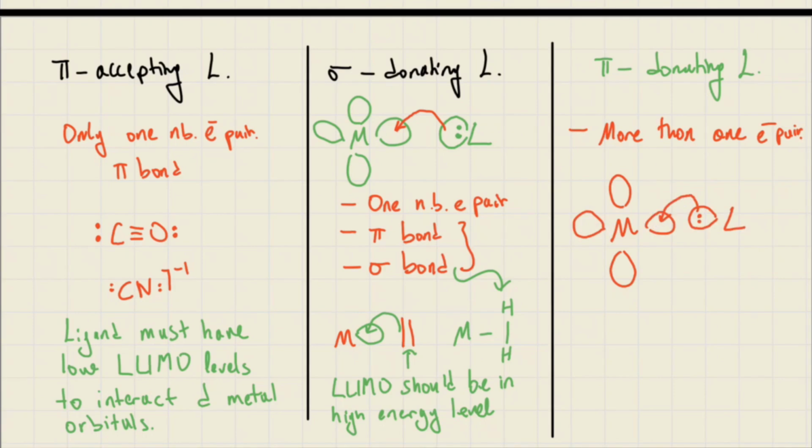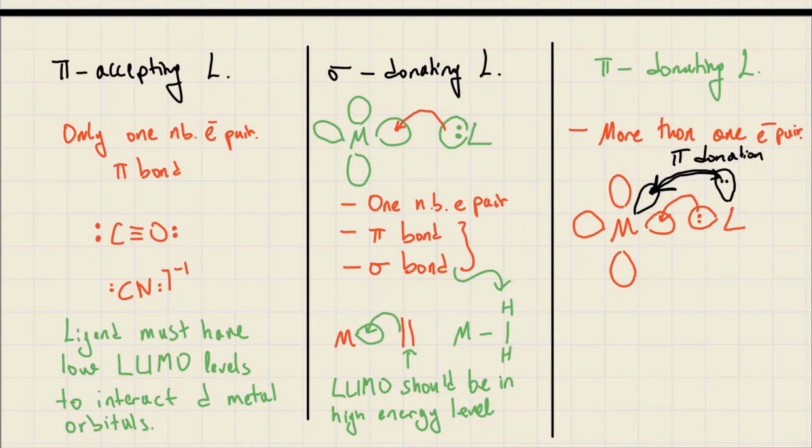In this case, we have another orbital, and this orbital has electrons, and these electrons can interact with the other d orbitals of the metal center, which causes a pi donation from ligand to metal.